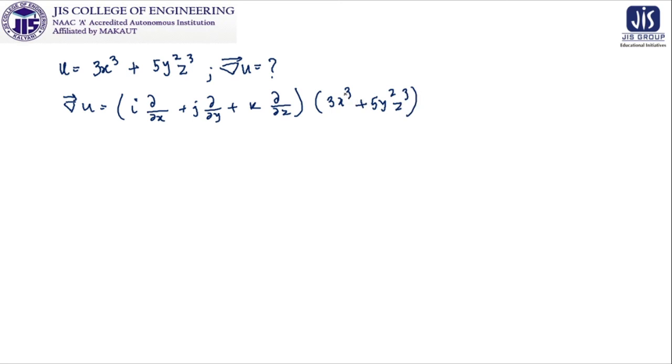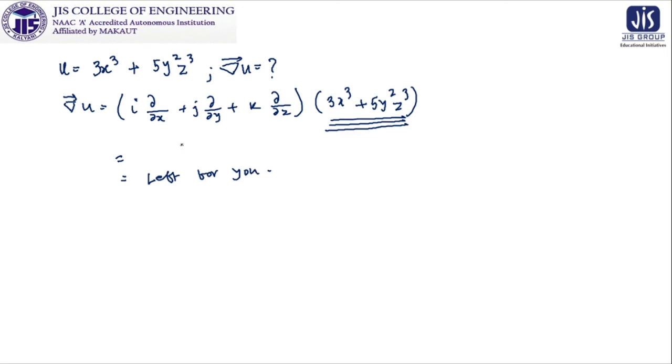The remaining lines are very stereotyped. You have to operate del del x on this whole, del del y on this whole, del del z on this whole, and associate those expressions with i, j and k, and you will get the final result. So it is now left for you.